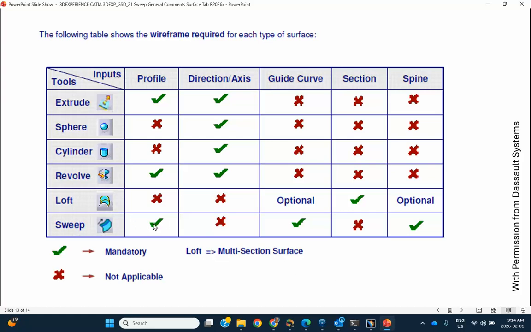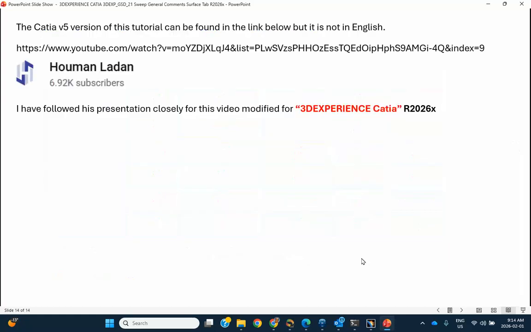It can be explicit, or it can be a line that's automatically done, or a circle, etc. You need a guide curve, and you need a spine. Okay. So this is the situation that we are dealing with. These are mandatory. We need to have them, but these X's are not applicable.